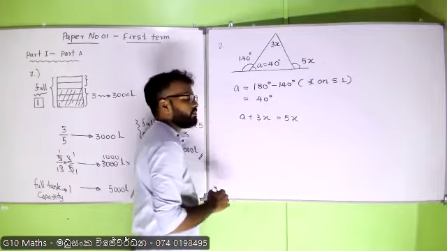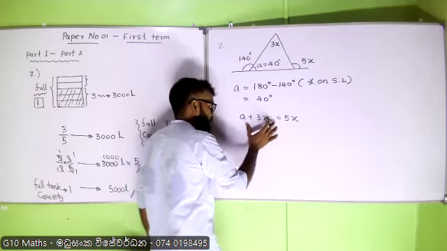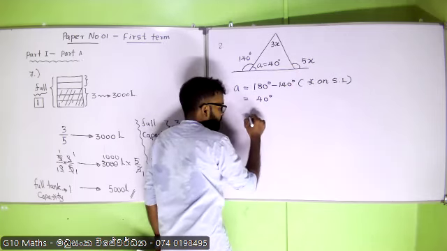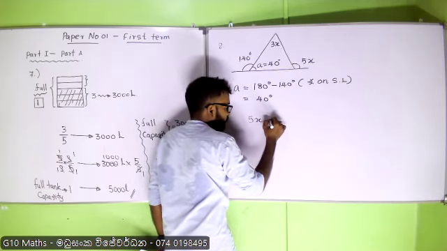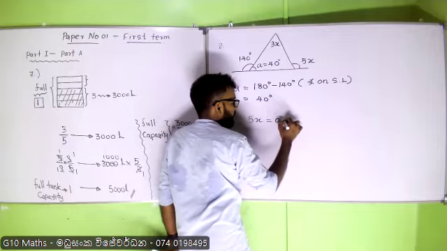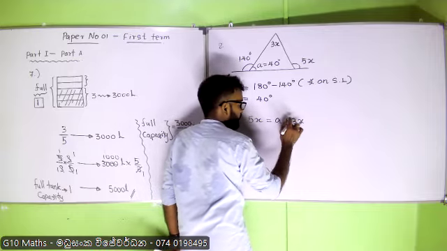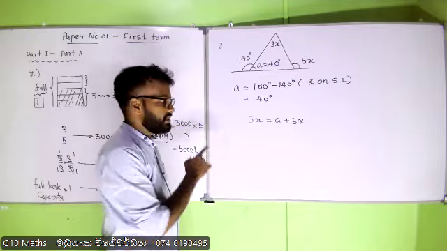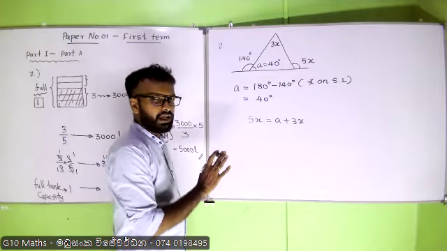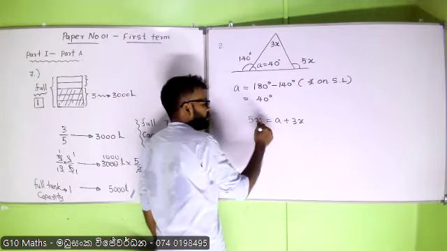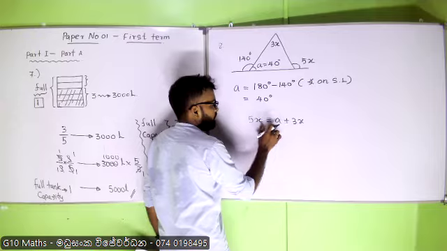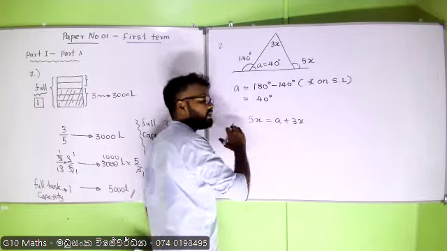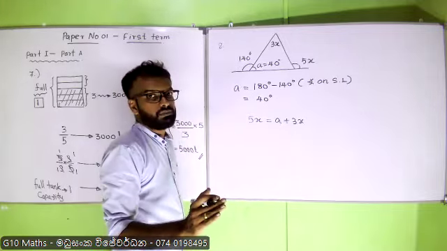Originally, the exterior angle equals the summation of the two interior opposite angles, that is A plus 3x equal to the exterior angle of the triangle. You normally write like this. But if you want, you can change the sides, because you are finding the value of x. Doesn't matter which side you apply.